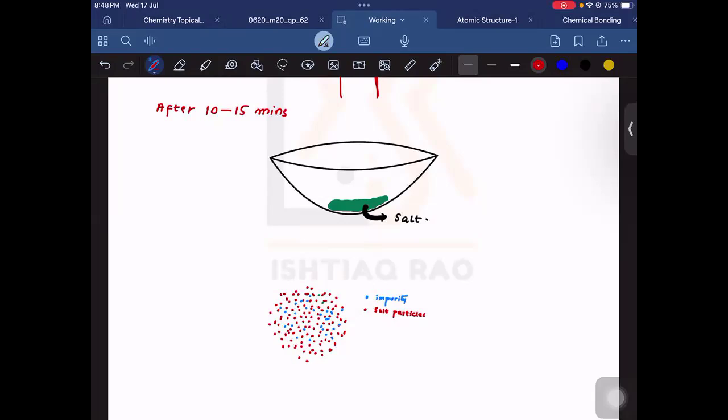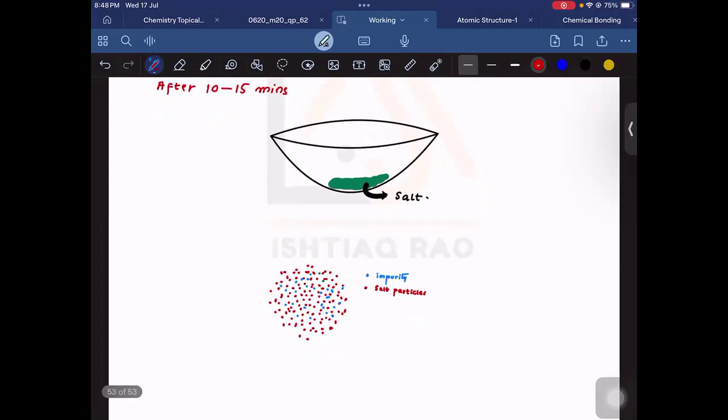So we have some impurities that can easily pass through, but when we have a large size of the salt, simple. This is very easy. So the drawback of this technique is that the salt we obtain as a result of evaporation is impure salt.